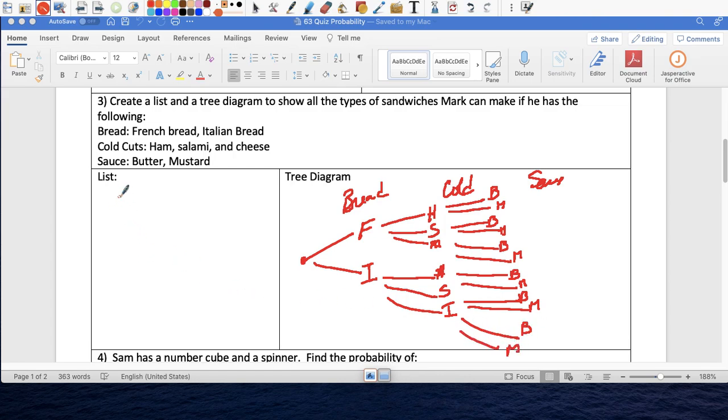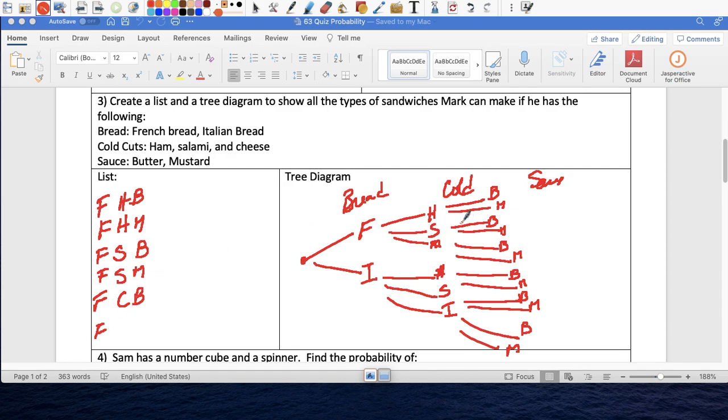So the sample space would have been French bread with ham, with butter, French with ham and mustard, French with salami and butter, French with salami and mustard, and finally French cheese and butter, French.